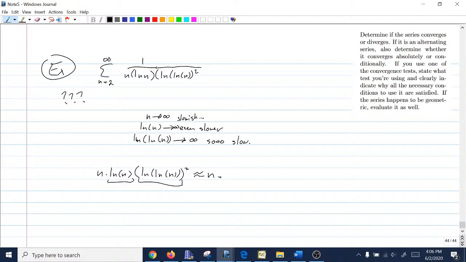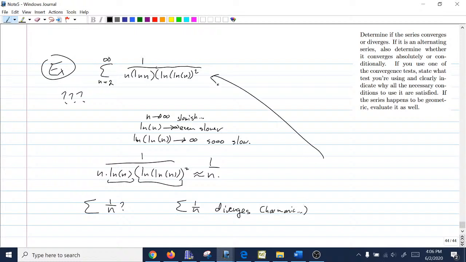It's technically a little bit bigger than n, but not much. So 1 over it should be about as big as 1 over n. And what does the sum of 1 over n do? The sum of 1 over n diverges. That's the harmonic series. So it's pretty reasonable for our first guess to be that this thing probably diverges.